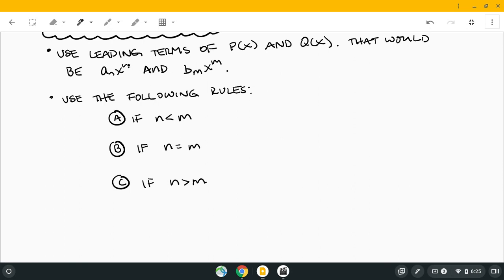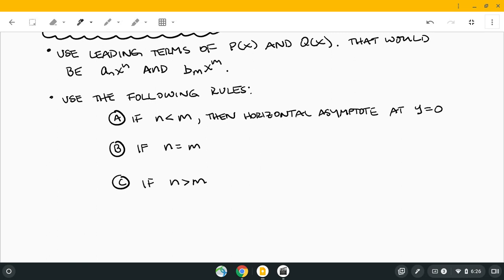So if the degree of the numerator is less than the degree of the denominator, if n is less than m, then you have a horizontal asymptote at y equals 0. Horizontal lines, the equation of a horizontal line is always y equals some constant.